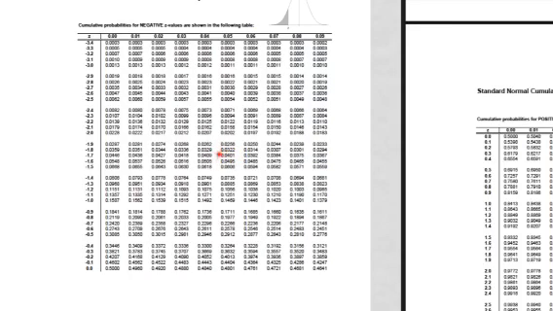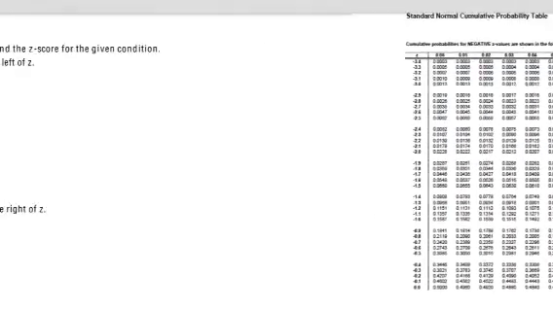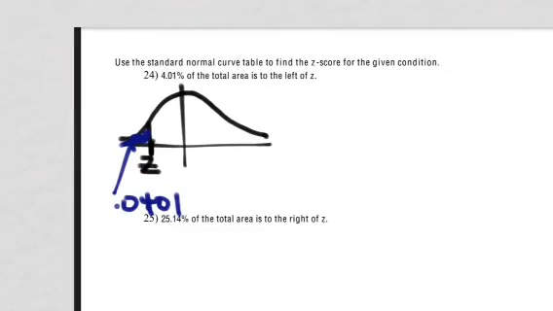So I'm looking for, this is the probability to the left, is 0.0401. What is its corresponding z-score? It's whatever the border of the table is. So that is negative 1.7, and then the second decimal is 5. So it is negative 1.75. That is the z-score.